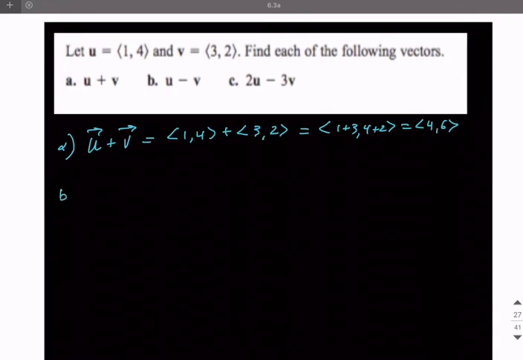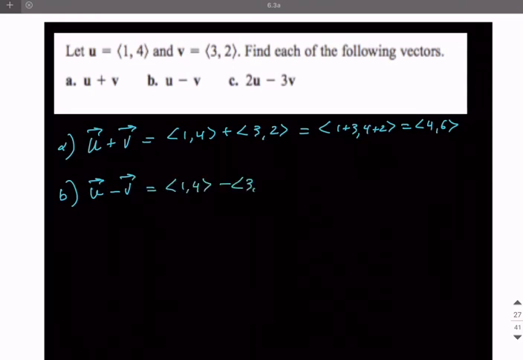Now for B, you get u minus v, so it's (1, 4) minus (3, 2), so it's 1 minus 3, comma 4 minus 2, and you get the final answer of (-2, 2).